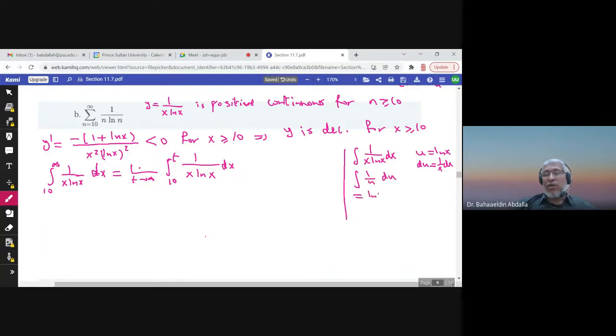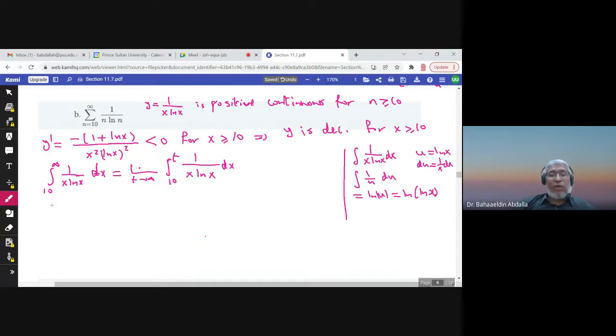So the answer would be ln u, which is ln x for x greater than 10, because u is ln x. And the absolute value is not needed because n here starts from 10.